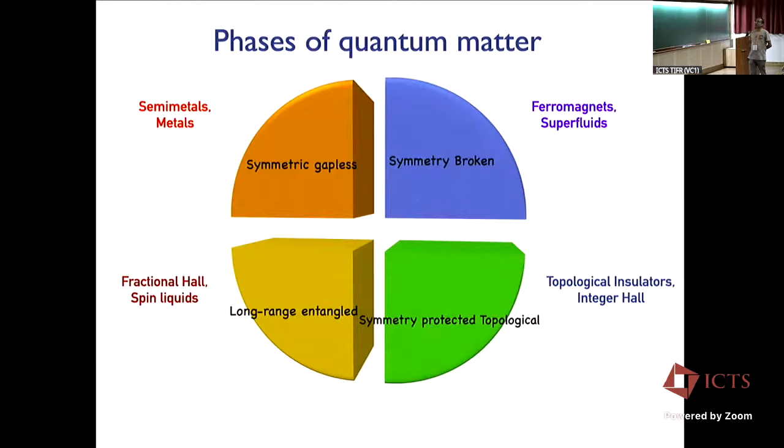But as we go along, there are more and more quantum phases in the sense that entanglement becomes important, and we get symmetry protected topological phases like the topological insulators or integer quantum Hall, or more long-range entangled phases like fractional quantum Hall states and spin liquids. And the things that we understand least about are these strongly correlated metals and stuff like that, where basically gapless phases of fermions at finite densities.